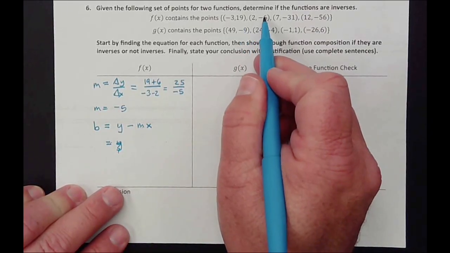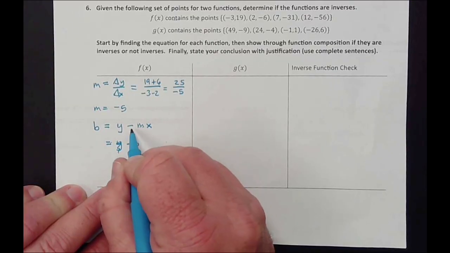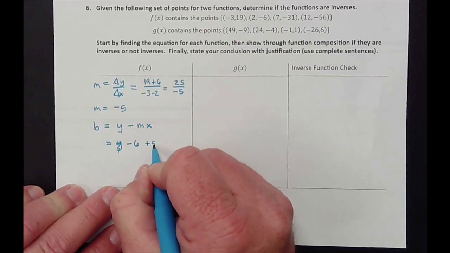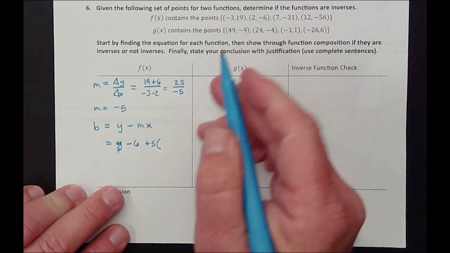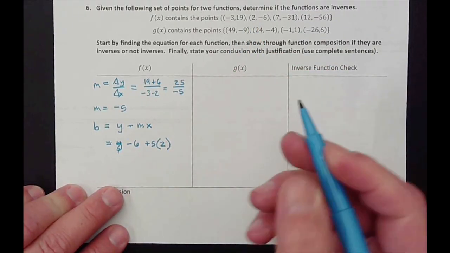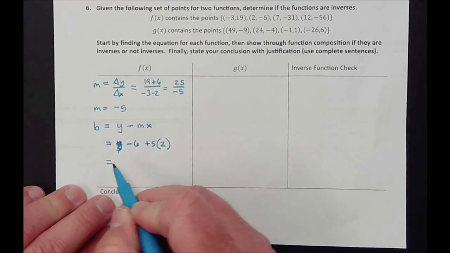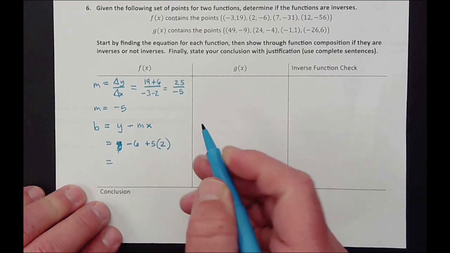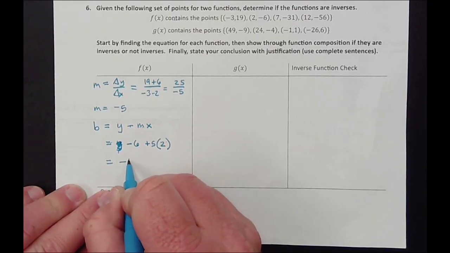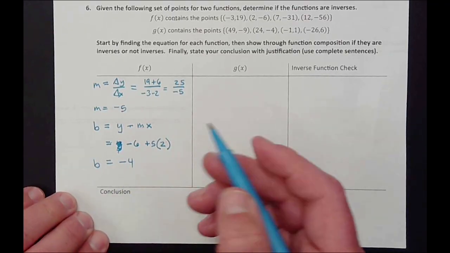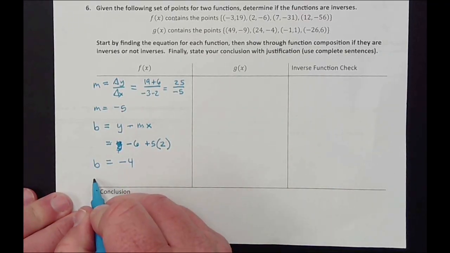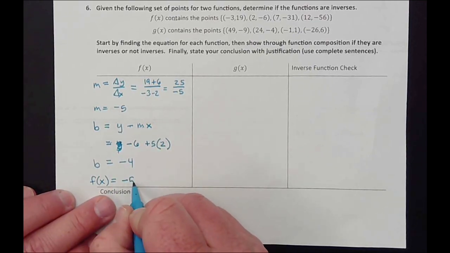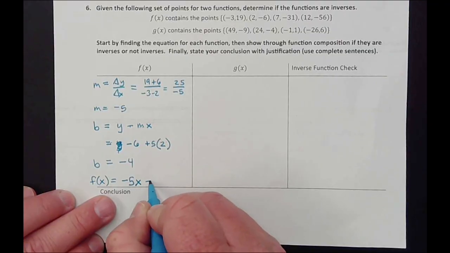My y, I'm going to use the -6, so it's going to be -6 minus my slope of -5, so plus 5, times my x of 2. So we have -6 plus 10, that's going to be minus 4. So my b is -4. This is going to give me a function for f of x as -5x minus 4.